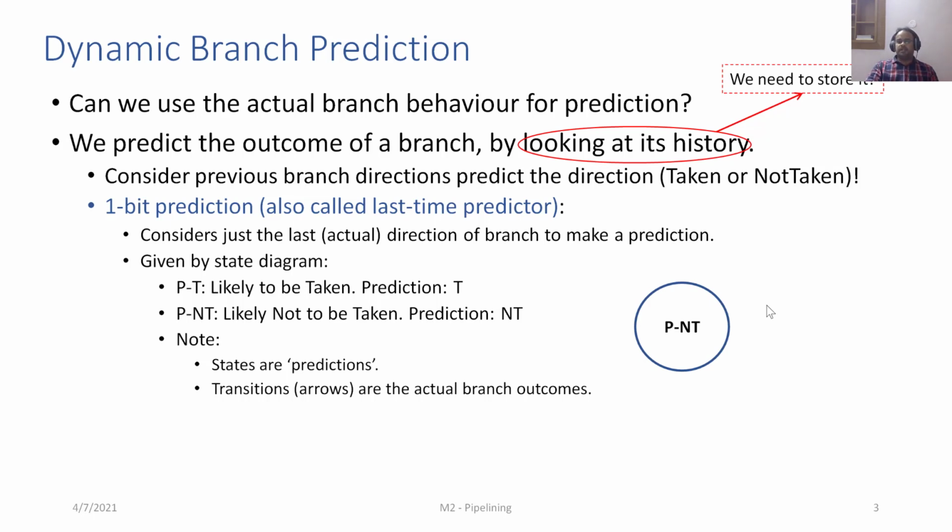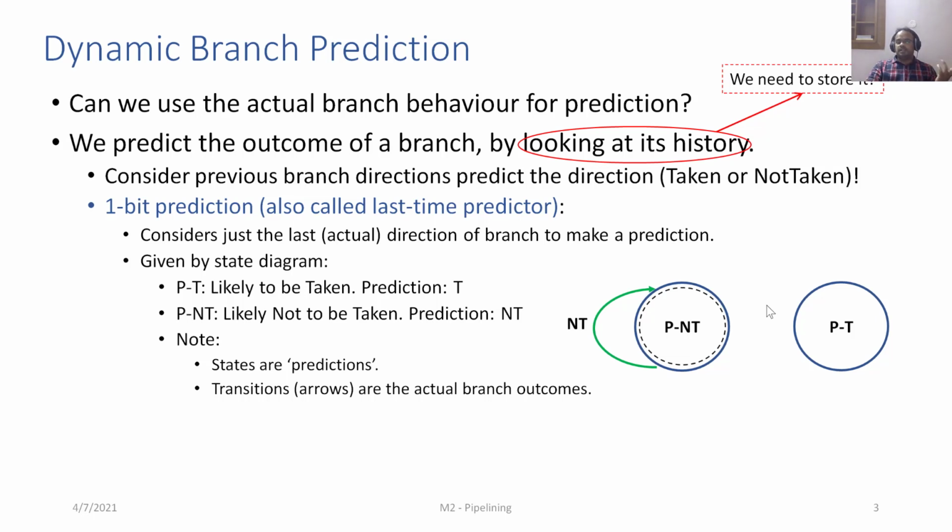We have two states, predict likely not taken and predict likely taken, and let's say that predict likely not taken is our initial state. As long as the actual outcome of this branch is not taken, we will continue to predict that it will not be taken this time also.